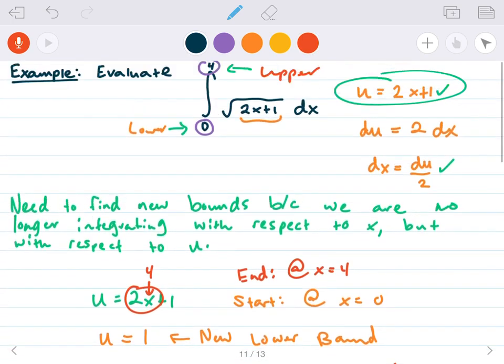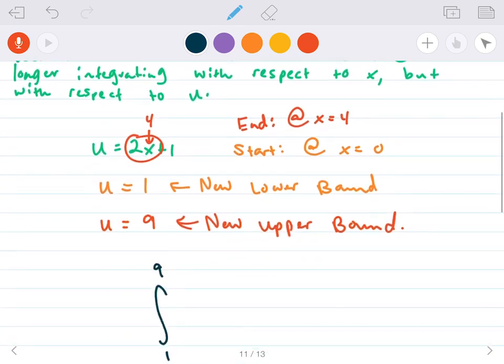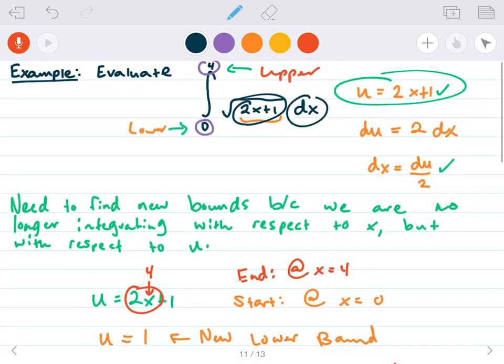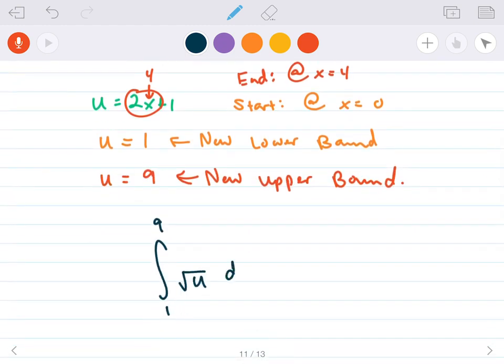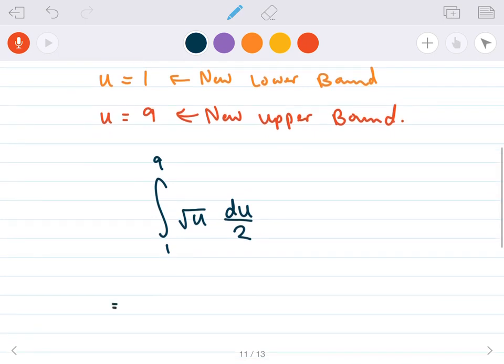And in terms of u, we have the square root of u times, well, dx is no longer dx, but dx is the same thing as du over 2. Now I can pull out the 1 over 2.